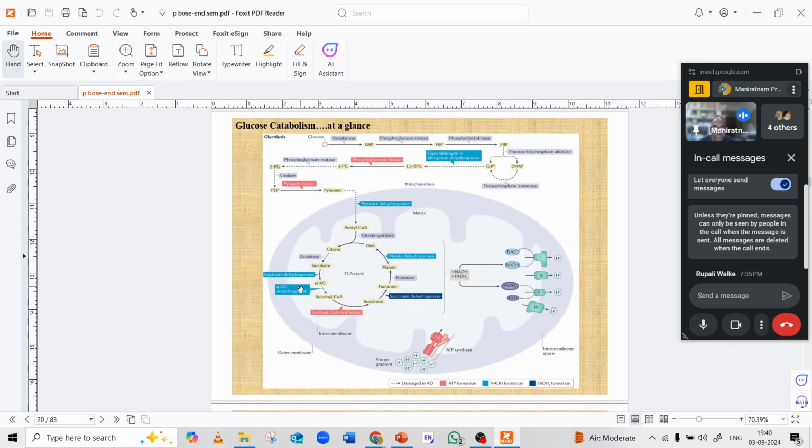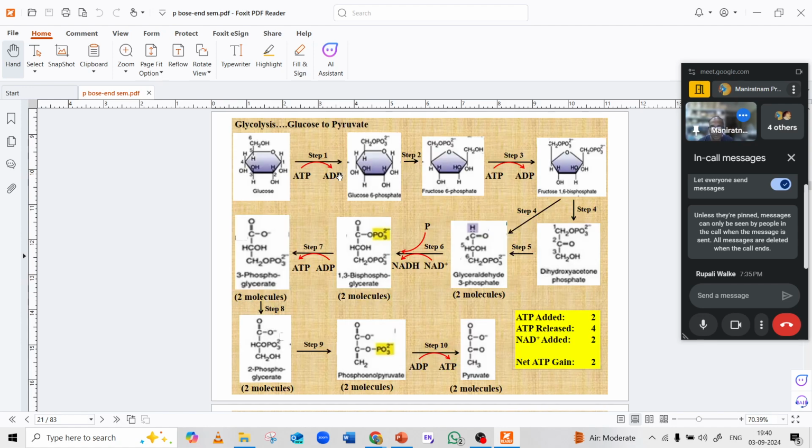This is the whole process of how glucose is converted. If we add all the reactions, we see C6H12O6 plus 6O2 giving 6CO2 and so on.